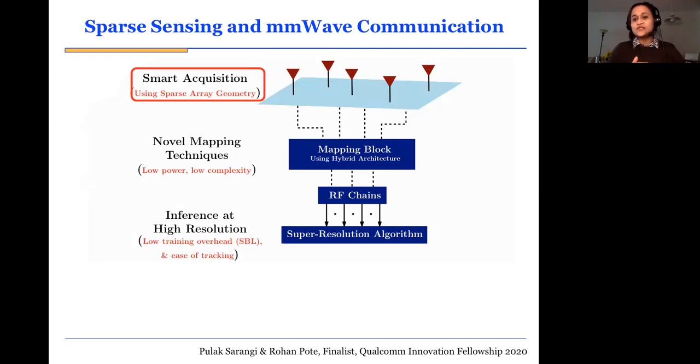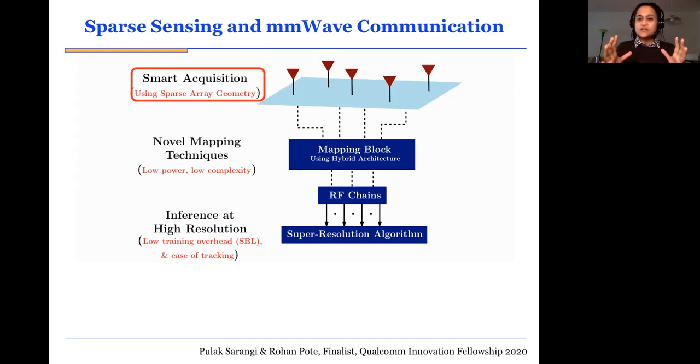This philosophy translates very well to the problem of millimeter wave channel sensing. Millimeter wave systems are deployed with a lot of antennas because of the small wavelength. You can pack a lot of antennas into a small form factor. However, you cannot place an RF chain at the output of every antenna because it is too power hungry.